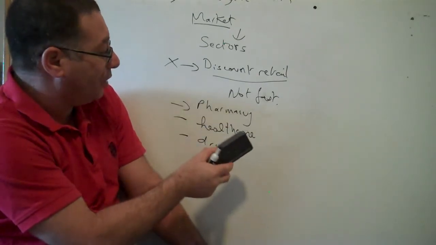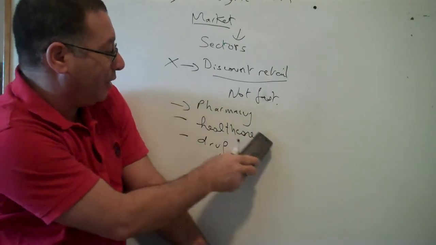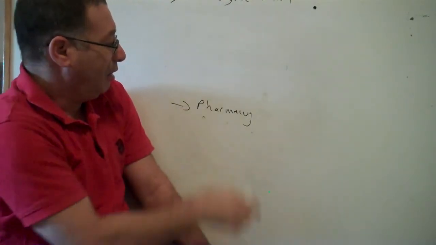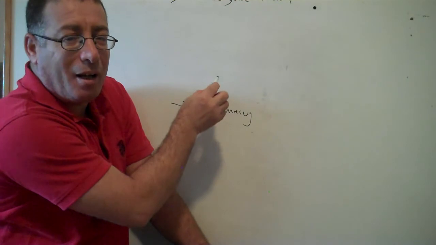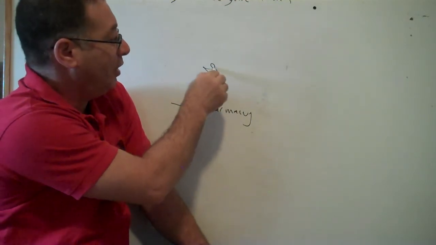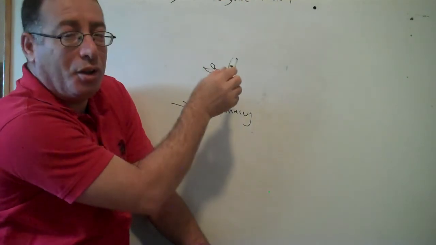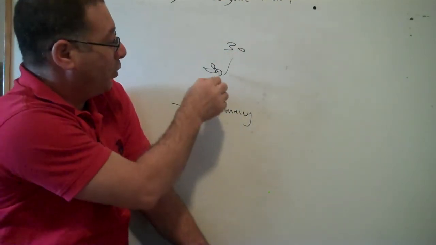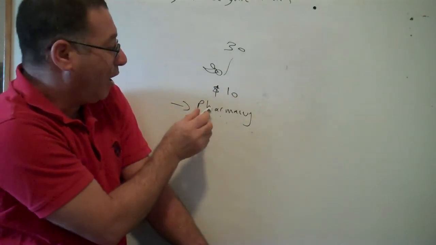There are some stocks, like pharmacy stocks, that sometimes have breakouts. For example, it's 20, and in another morning you find it is 30, or you find it 20, it becomes 10 in one day.